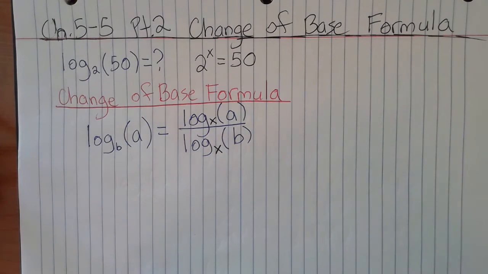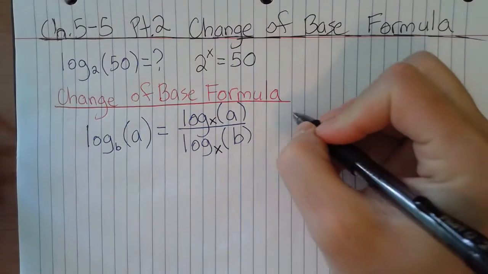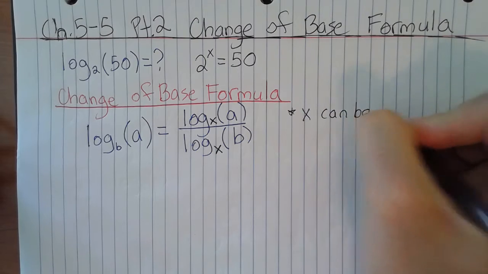And the change of base formula, as you can see right now, is if you have log base b of a, you can write that as log of a certain base of a divided by log of the same base of b. And it turns out that that base of x could be any number you want.